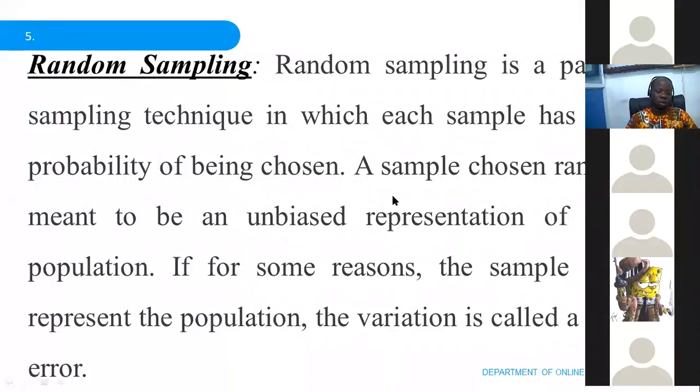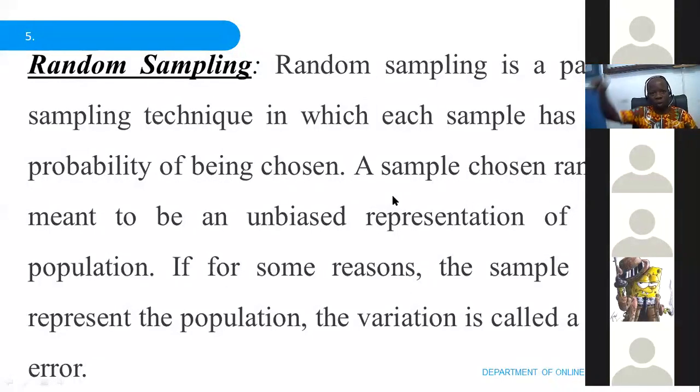So you are not being biased. For example, if you put oranges into a basket and you want to pick one, you don't want to pick the good ones or the bad ones. You don't want to see what you are picking. You just put your head aside and place your hand into the basket, mix them up, then randomly select one.